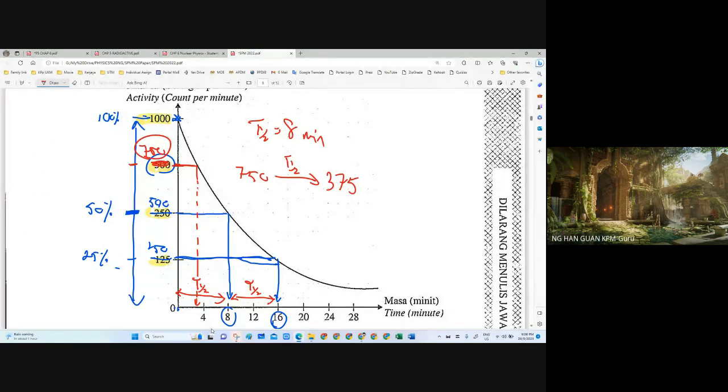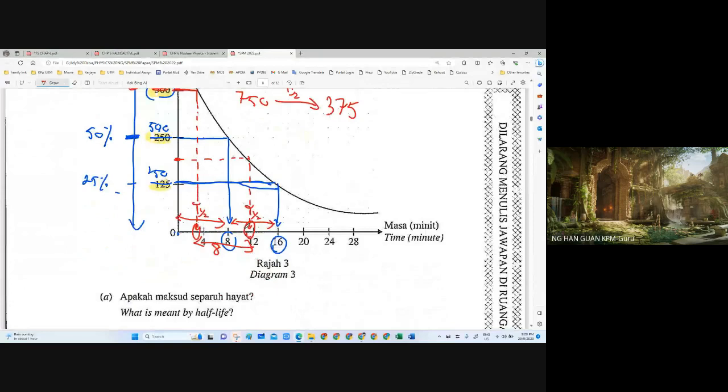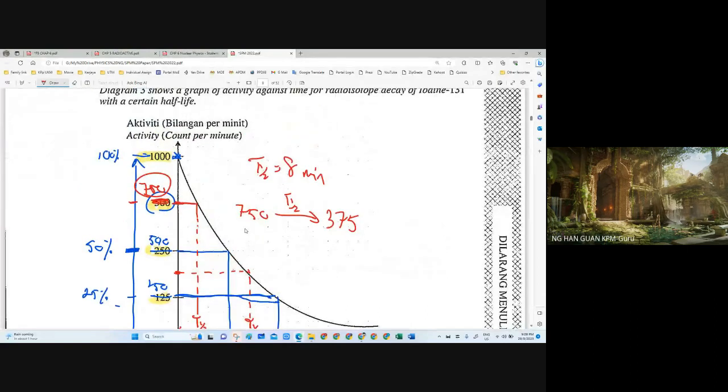According to the correct ratio, 375 will be around the center here. So in that case, you will get another reading here. The interval of these two readings will show 8 minutes also. No matter how, it still shows 8 minutes, even if you are not starting from the 1000, because that is the concept of half-life.